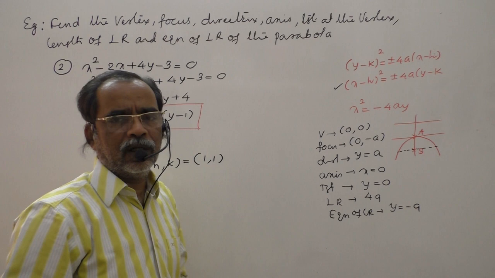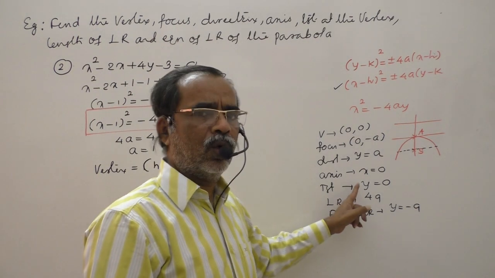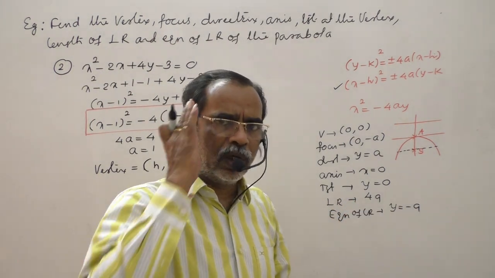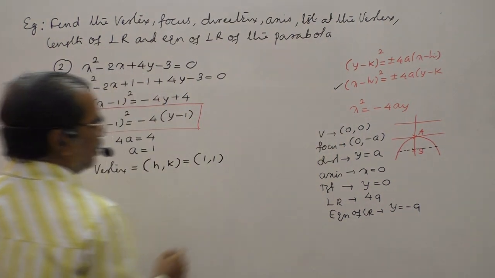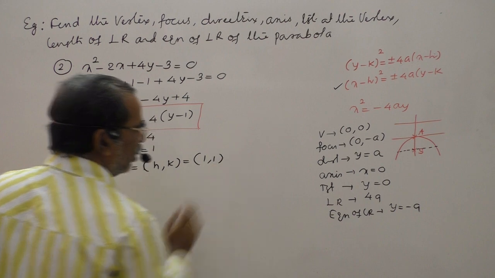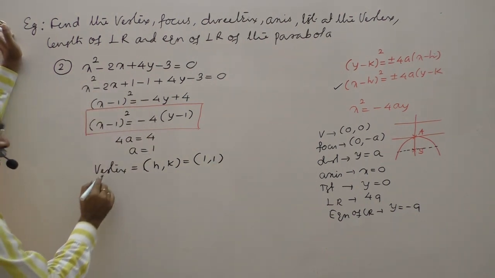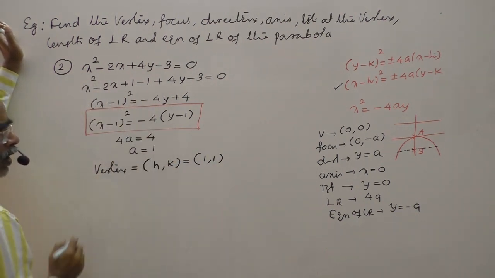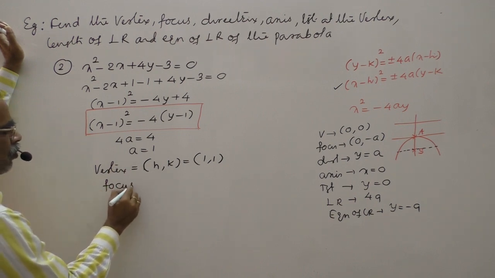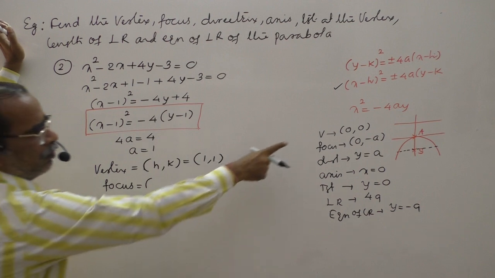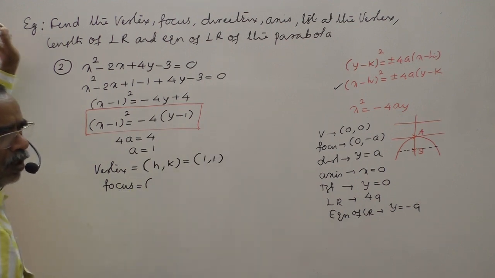So by practicing more number of times, you need not write here, you can store it here. So this parabola is similar to this, its details will be similar to this. So I have written vertex. Vertex can be written directly. Next I will take focus. What is the focus of that? 0 comma minus a.